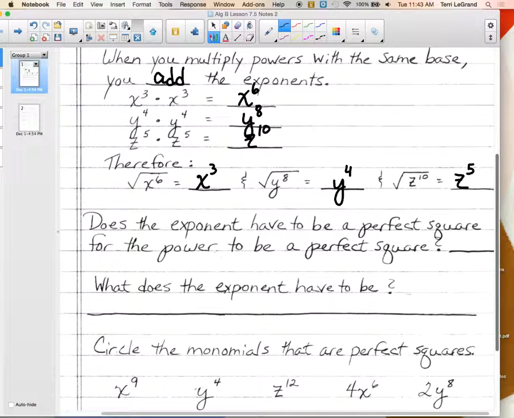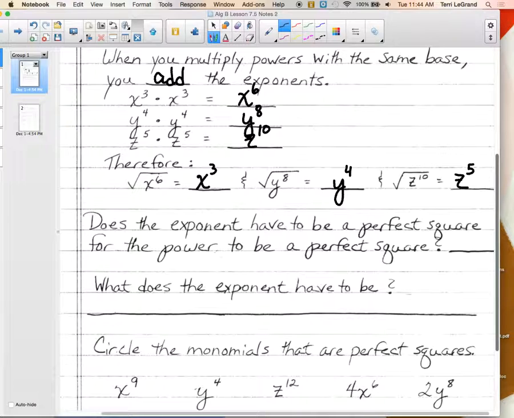I just say x. That is to the first power. So x to the first power times x to the first power? 1 plus 1 is 2, isn't it? So if I have x to the 3rd power times x to the 3rd power, that is x to the 6th power. So now when I'm asking for the square root of x to the 6th, I'm asking for what times itself gives you x to the 6th. X to the 3rd times x to the 3rd.